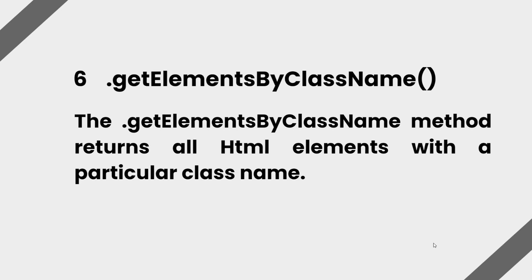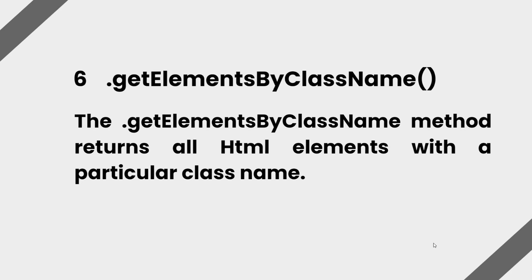And we already know that the class name can be repeated. Multiple HTML elements can have the same class name. So because of this, you can actually return all the HTML elements with the same class name, also with the same tag name and with the same name, but not the same ID names, since ID names cannot be the same.